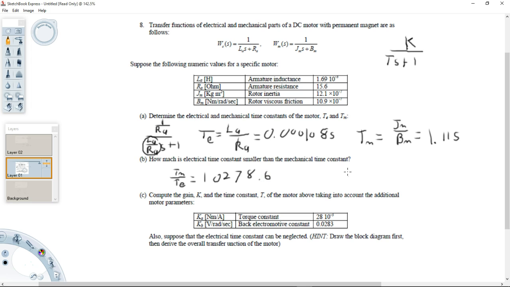And the reason why they want to show you the significance is because if you can understand that, you know that the time constant of the electrical contribution can be shown to be insignificant, and you don't have to include it into your overall model. And you'd like to make these simplifications if possible because it makes the overall model and analyzing it a lot easier.